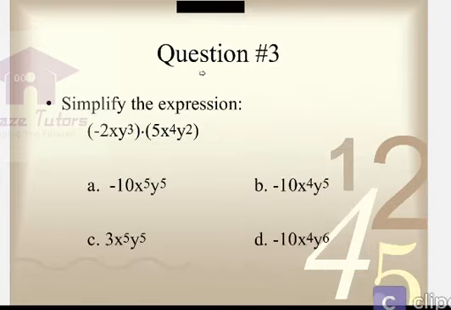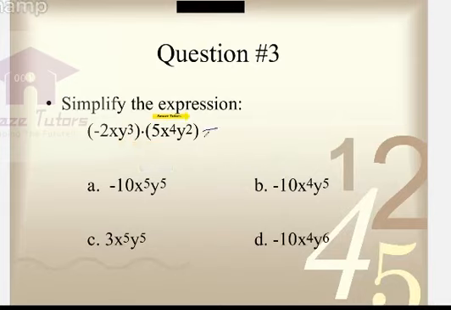Okay, one more question. Simplify the expression: negative 2xy cubed times 5x power 4y squared. So as I already mentioned, you are going to multiply the coefficients. Negative 2 times 5. Keep it separate. Now I'm going to write the x terms separately and the y terms separately.